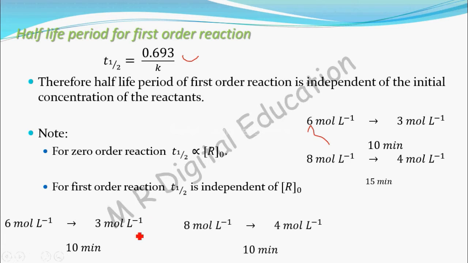To convert 8 to 4 mole per liter is also 10 minutes only. You increased the initial concentration of the reactant from 6 to 8 mole per liter, then also the time is 10 minutes only. Whatever may be the initial concentration of the reactant, half life for first order reaction will be same for a given reaction.